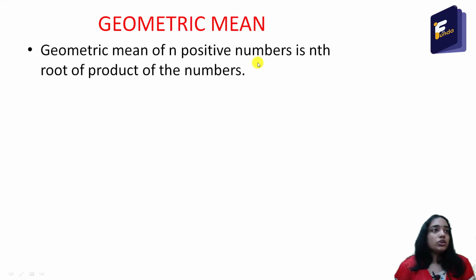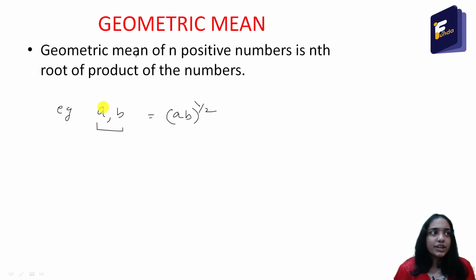So for example, if I have to find the geometric mean of two numbers, say A and B, then it will be the product of the numbers, that is AB, whole to the power 1 by 2, that is the nth root. As there are two numbers, it will be AB to the power 1 by 2, or you can write it as the square root of AB.